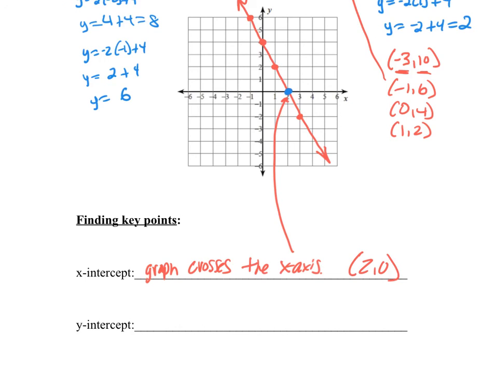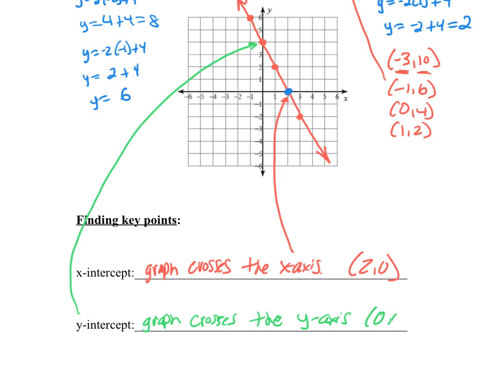Okay. Now the y-intercept, I'm sure you can probably guess what that is. But the y-intercept is where the graph crosses the y-axis. Okay, and that is right there. And that point is 0, 4.